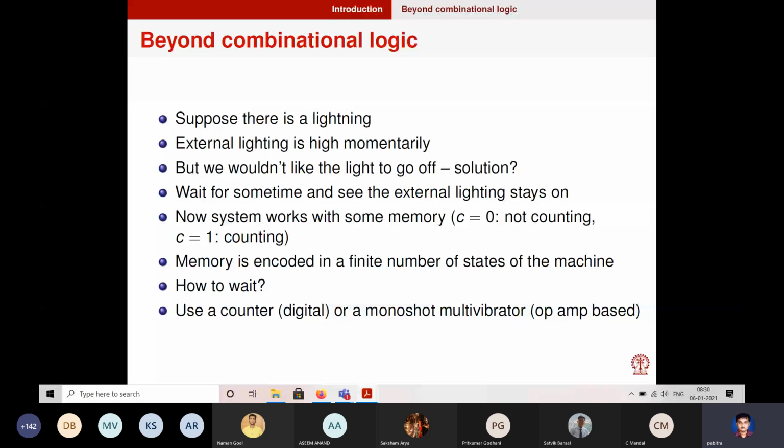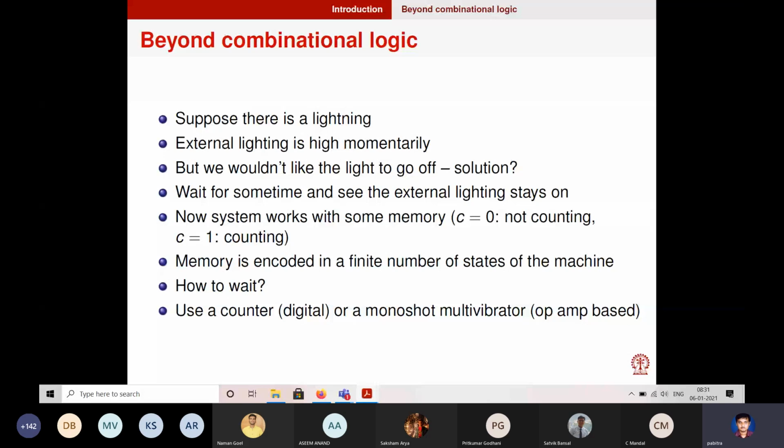Now if I look at the state of the system, if the state of the system is something less than 1000, we'll put up the light. If the state of the system is more than 1000, maybe we'll put off the light. So just by looking at the state of the system, you can decide. It is a very nice way we have taken care of time.